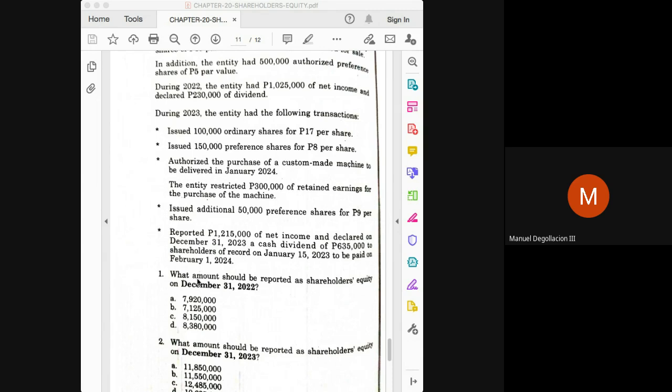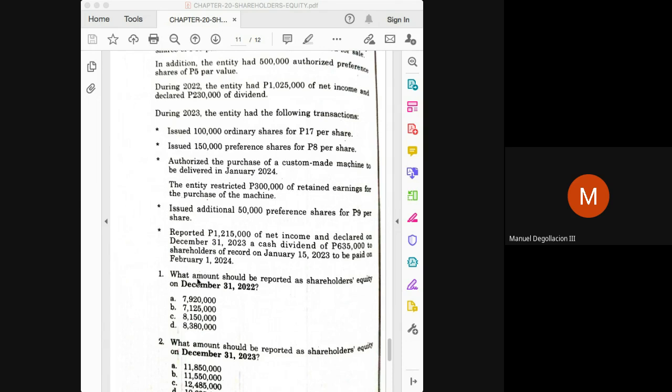Okay, what else happened? Issued additional 50,000 preference shares for 9 per share. So that would be 450,000. So you add 450,000 from the amounts we have added earlier. And then we also reported income. So again, income will increase retained earnings, therefore it will also increase shareholders' equity.